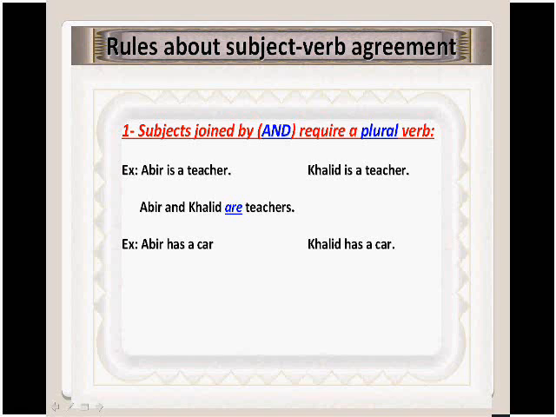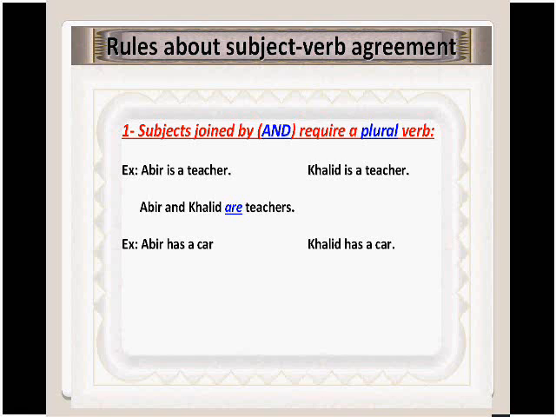Let's look at another example. Abir has a car, Khalid has a car. Again, Abir here is the subject and Khalid is another subject in another sentence. And we have has, of course this is a singular verb because I'm talking about a singular subject, Abir. Khalid, again I used has because I'm talking about a singular subject, Khalid.